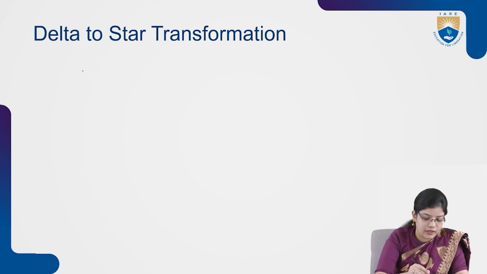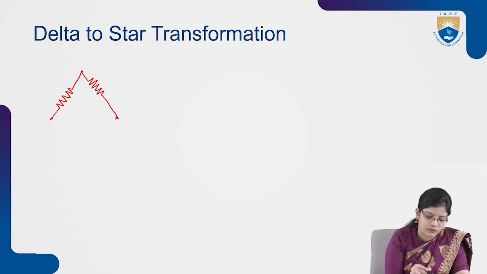So first, I am taking the delta network. Even if we consider star or delta, we'll have three resistances. This one we need to convert into star.